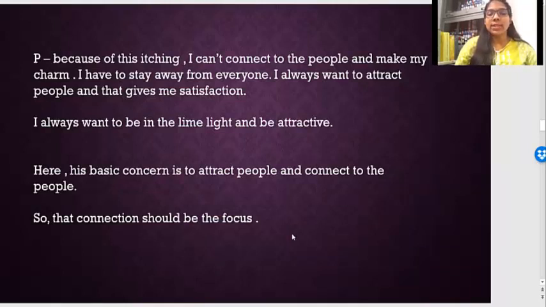So here we understand that the basic concern of the patient is to attract people, to connect to people. And because of this itching problem, he has to stay away from everyone. So that connection, that attraction and being with people is important, and that should be our main focus.